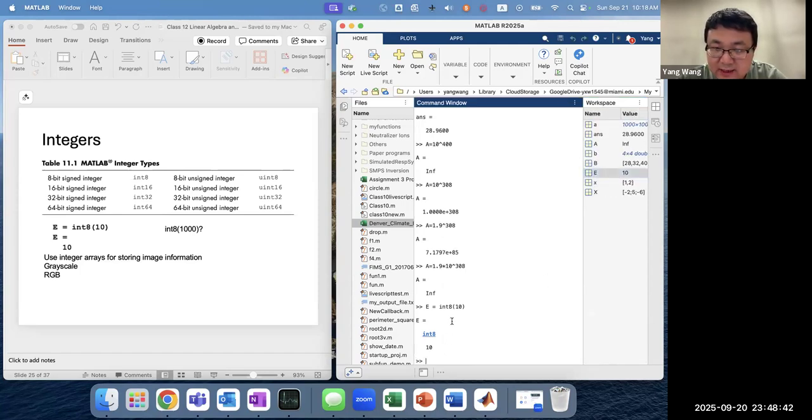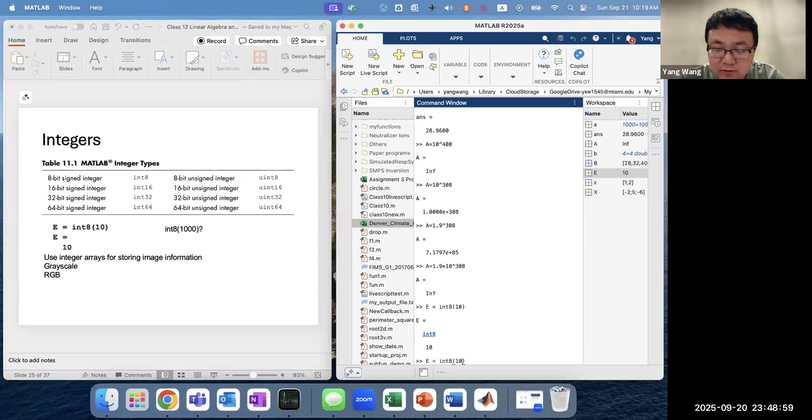It's still saved as 10, but since you only assign 8 bits to this number, and we know that each bit is binary, 0 or 1, it cannot go really large, because the maximum will be 2 to the power of 8, which is 64.